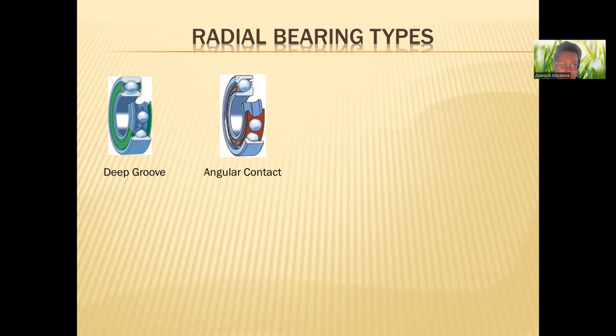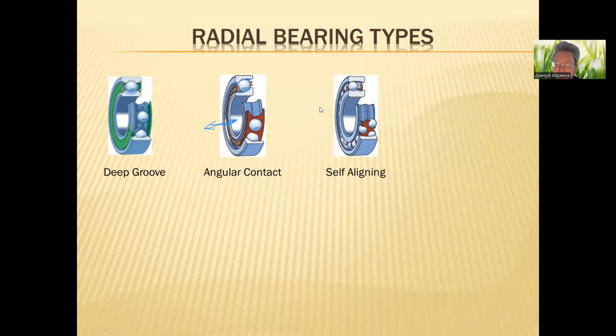Inner ring, outer ring. It can move in axial lengths. Self-aligning. You can see 2 rows of balls.